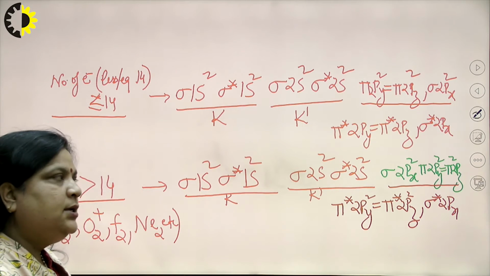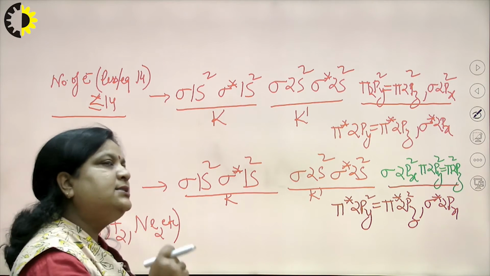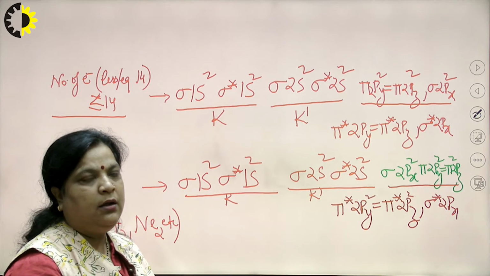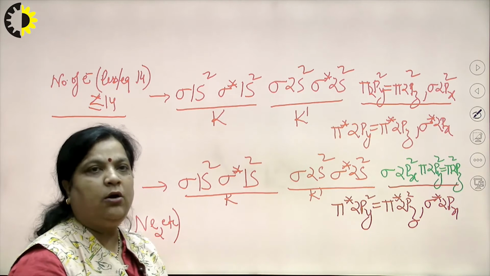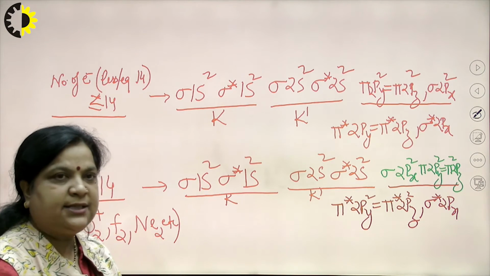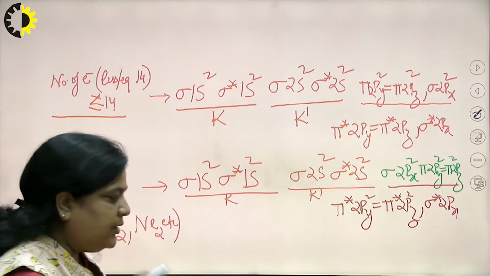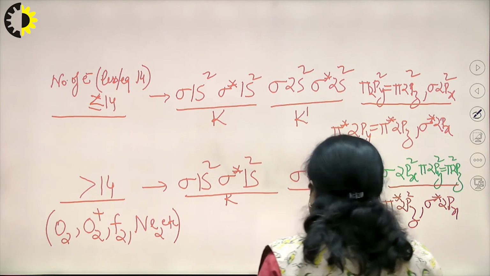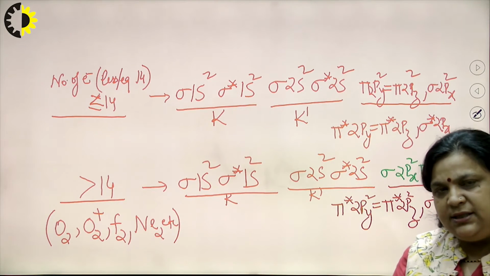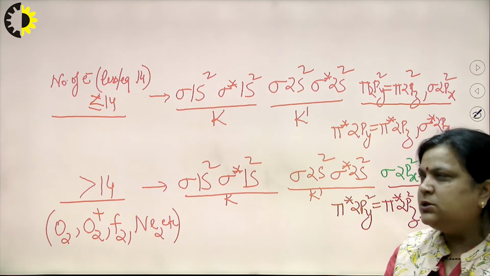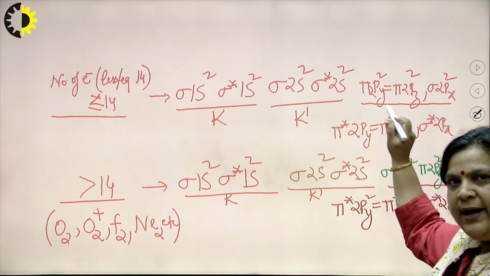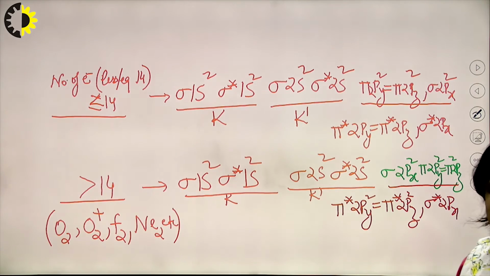But since N2 minus is formed from N2, we always prefer the configuration order of the parent molecule. So, I think it is clear. Whether we have to write the configuration of N2 minus or N2 minus 2, whatever, since the original molecule is N2, we always follow this order, and what order? Pi first and then sigma.